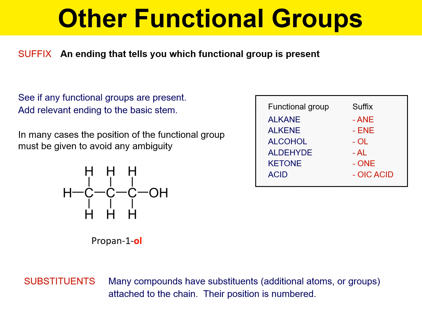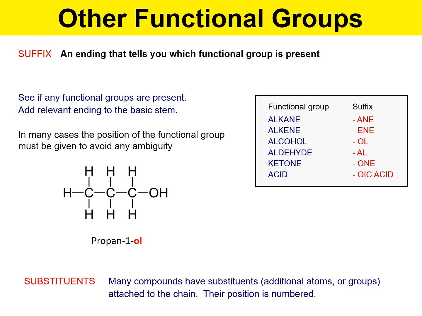We're going to look at some other functional groups. In this case, instead of putting the name before the alkane chain, we are going to change the ending of the alkane chain. You have seen this example in GCSE when you studied your alcohols, where you had, for example, shown propanol, and in this case propan-1-ol, because the OH group is on the 1 position.